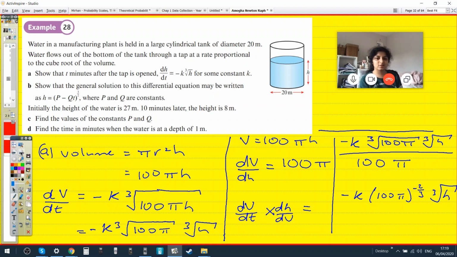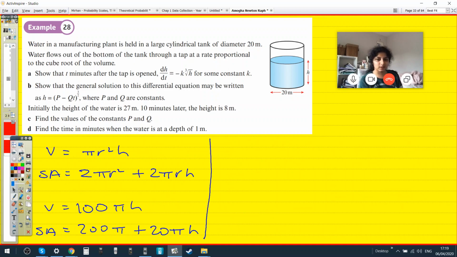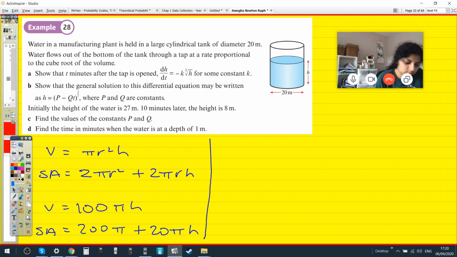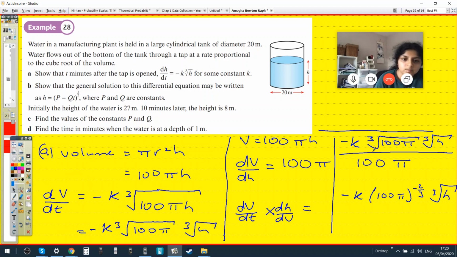Yeah, they did the same thing, but in the last step, they did something weird. They just made k equal to everything. They just said k is that whole thing. So we were correct. They called it c, but it's the whole mess in there.